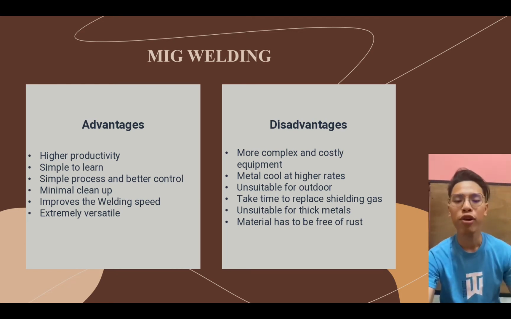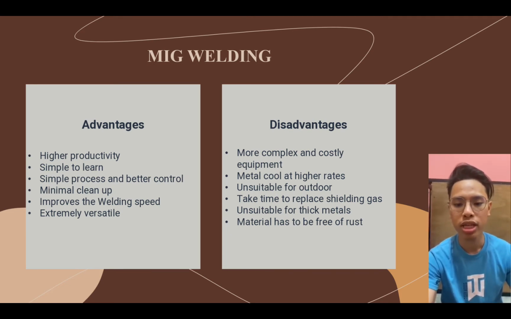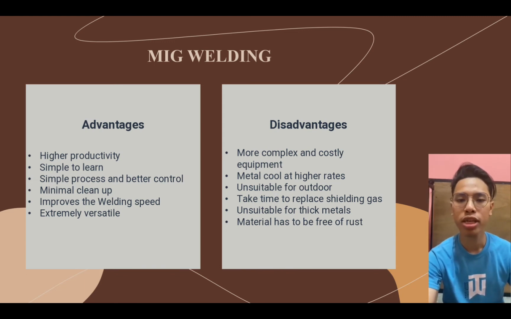Okay, for the disadvantages of MIG welding, for the first, the welding equipment is more complex and costly. Mainly the cost of the equipment is higher than TIG welding, so it's more expensive. And the second point, the welded metal will cool at a higher rate since it is not covered by slag. For the third point, it is unsuitable for outdoor welding.